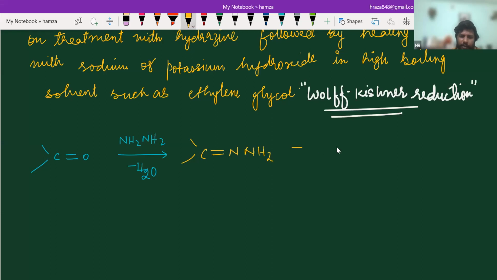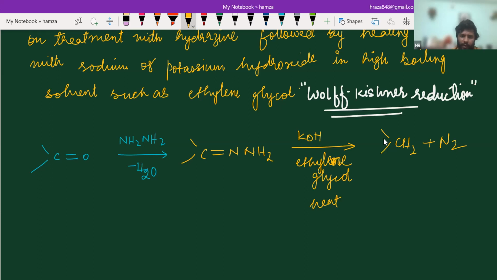I will explain this reaction. After this, you react it with KOH, potassium hydroxide, with ethylene glycol as your solvent, and you heat it. Then you will get CH2 and N2 will be evolved. See here, C double bond O, and I'm going to write this H2N and NH2.